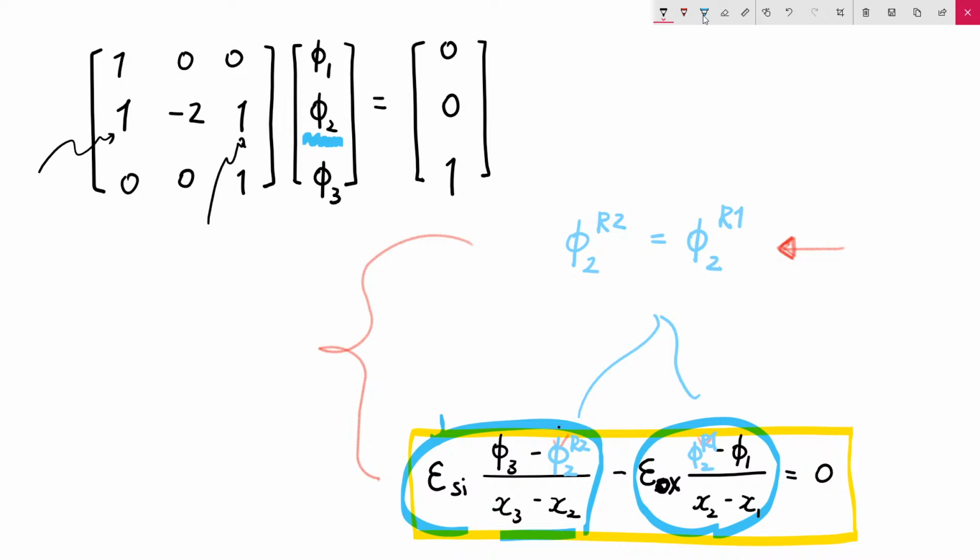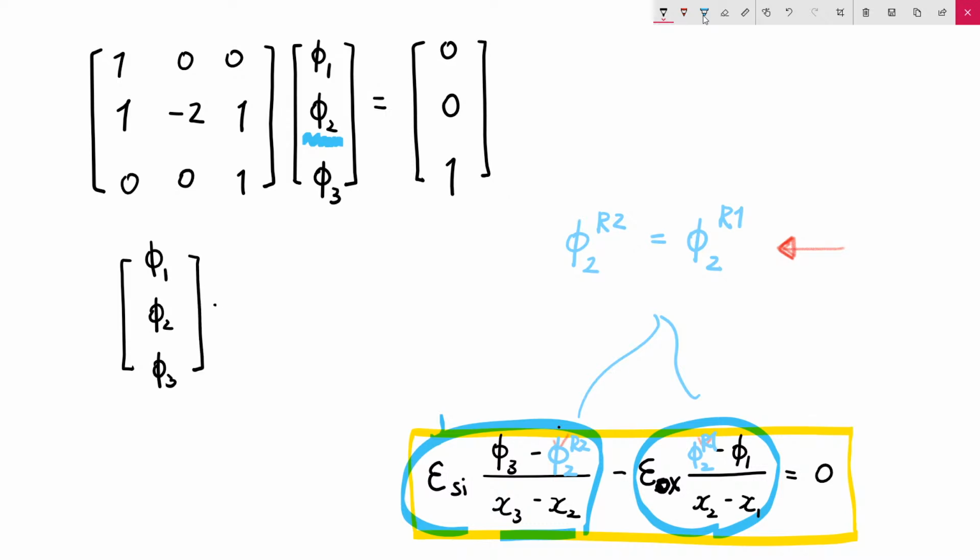Although this is just written as 1, anyway, we just wanted to check the pattern. So if we have this kind of system, then the answer becomes really clear: phi 1, phi 2, phi 3. Of course, we do not use the matrix solver for this simple case.